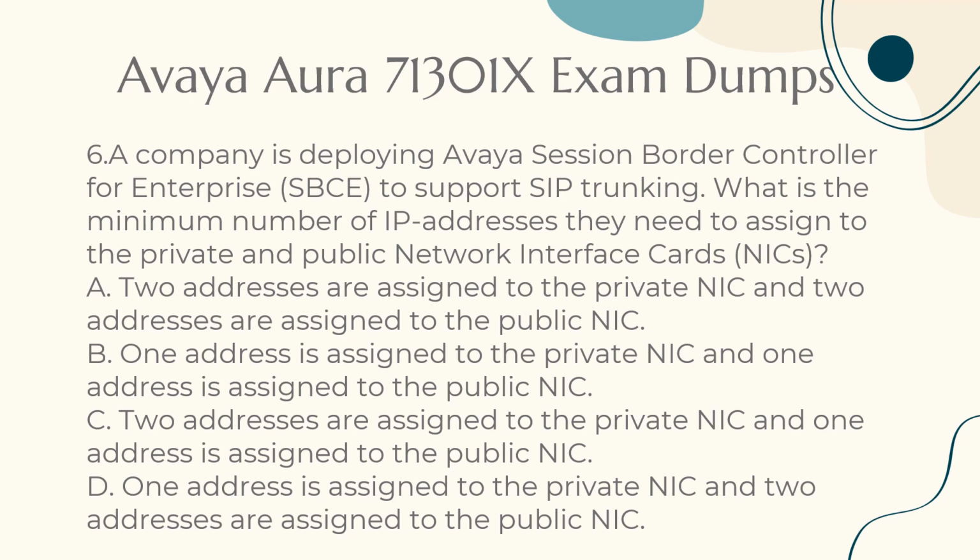B. 1 address is assigned to the private NIC and 1 address is assigned to the public NIC. C. 2 addresses are assigned to the private NIC and 1 address is assigned to the public NIC. D. 1 address is assigned to the private NIC and 2 addresses are assigned to the public NIC.